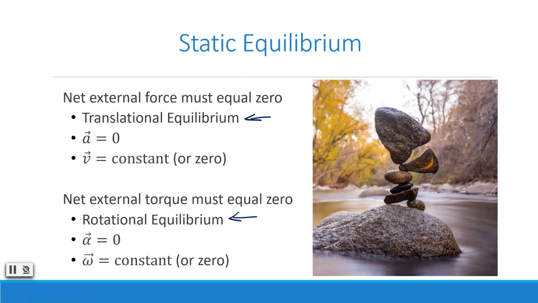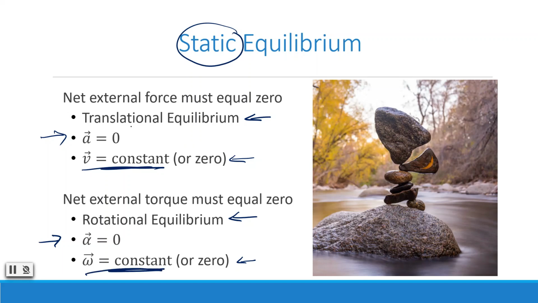Translational equilibrium is when the linear acceleration of the center of mass is 0, and for rotational equilibrium the angular acceleration of the object is 0. So you'll have either a constant linear speed or 0 linear speed, and a constant or 0 angular speed. But to be in static equilibrium, static means no motion at all, so you're going to have the 0 options there.